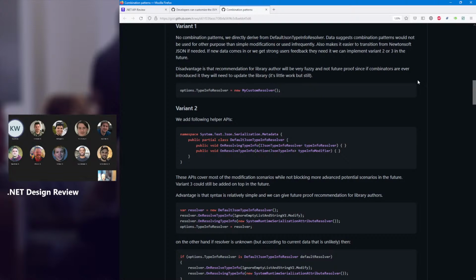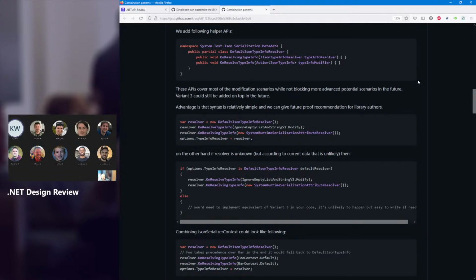And if they write their own resolvers because they need to create the contract from scratch, we could also encourage them to return null for cases where they don't know how to handle, and because people would be advised to combine it with the default JSON type info resolver, which in probably 99% of cases would be the default fallback logic for them.